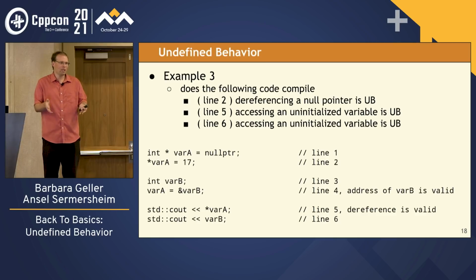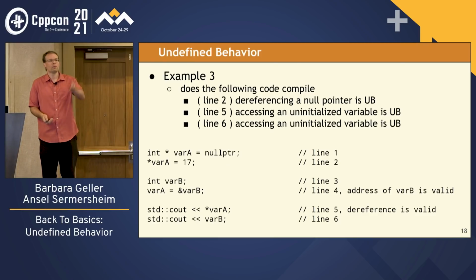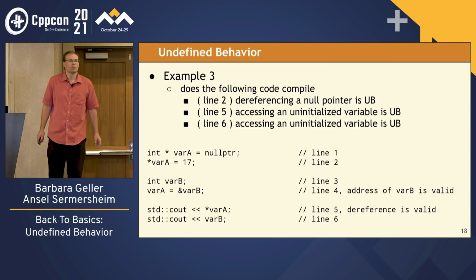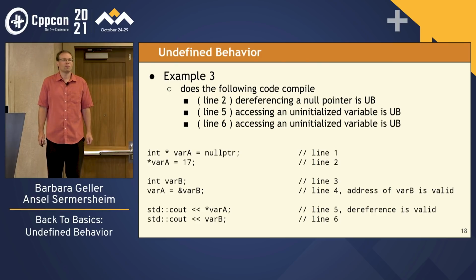There may be representations that aren't valid representations of that type. And so even though typically there's no invalid integer value, the standard just says you can't do this. Just as an example, there are architectures where invalid floating point bit patterns cause hardware traps. And if you read an uninitialized float, you might get one of those patterns.